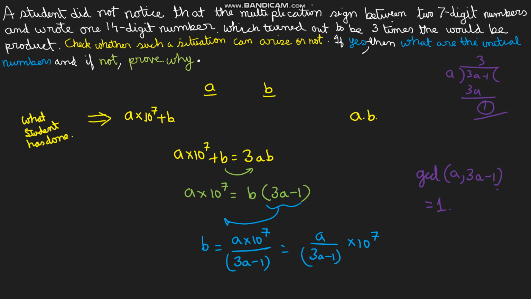Except A equals 1, that's obvious. And even if A equals 1, then also GCD will be 1 only. So GCD is 1. Since this GCD is 1, this is the conclusion we are getting: 3A minus 1 is a factor of 10 to the power 7.